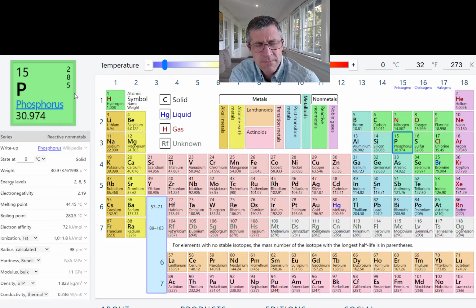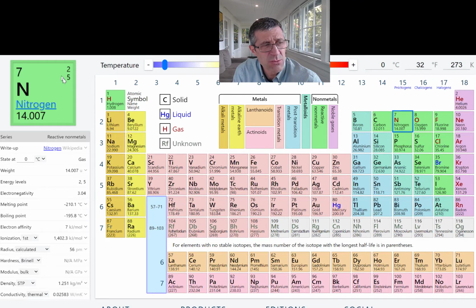So what this is saying is that the outermost electrons is 5, and the innermost is 2. So if I go to nitrogen, innermost electrons is 2, the next layer has 5. I go to phosphorus, innermost is 2, then 8, then 5 is my outermost.